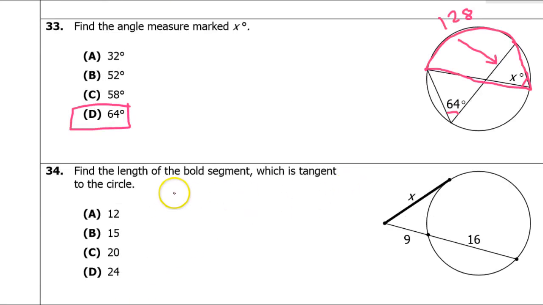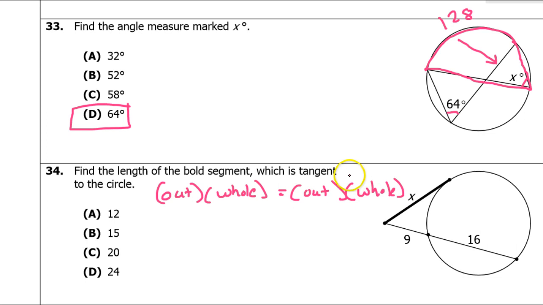Okay, so we're doing outside times whole is equal to outside times whole. Now for this bold segment, the tangent, it is both the outside part and the whole thing because there's nothing else to it.